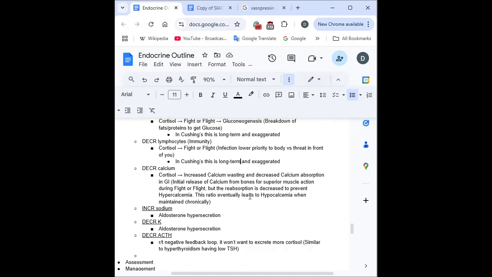Another thing I have is decreased calcium. This one's really extra information in my explanation. Again, you don't need to know the reasonings. It just helps me to think about it.